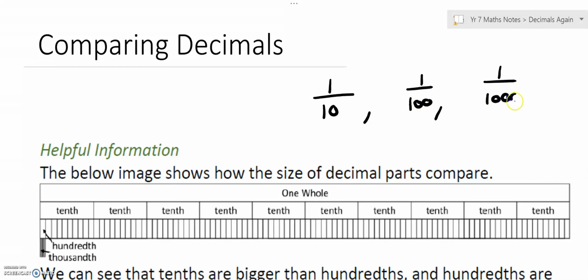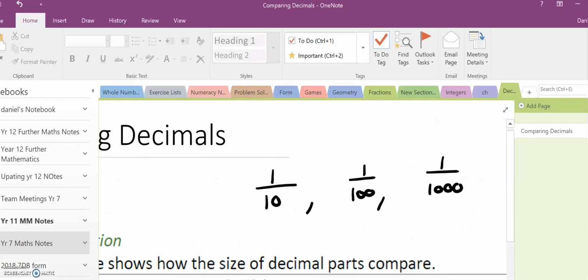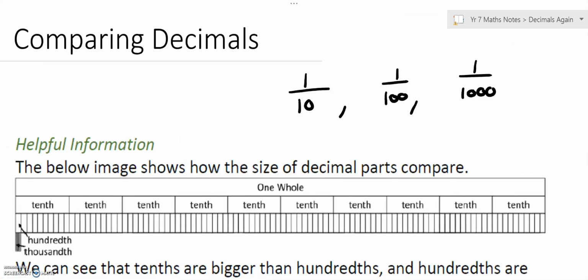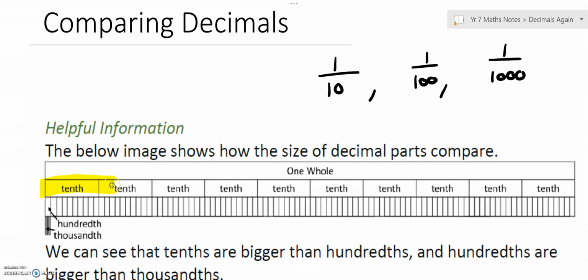And what you'll see is that 1/10 is bigger than 1/100th, and 1/100th is bigger than 1/1,000th. So if this is the entire whole here, you have 10 tenths in one whole. Okay, so there's 10 tenths in one whole.